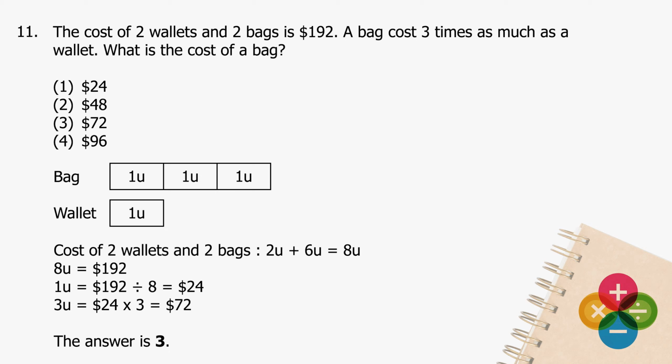The cost of 2 wallets and 2 bags will be add 2 units to 6 units, and the sum is 8 units. 8 units is equal to $192. 1 unit will be divide $192 by 8, and the quotient is $24. 3 units will be multiply $24 by 3, and the product is $72. The answer is 3.